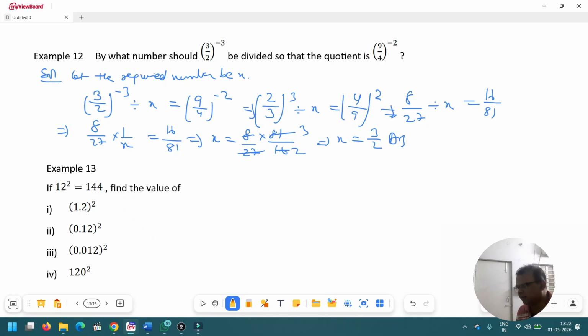Now consider the next example. If 12 by 10 is given, find the value of the following.